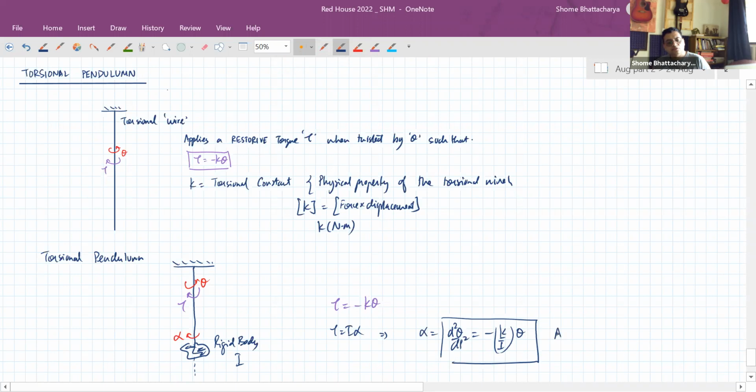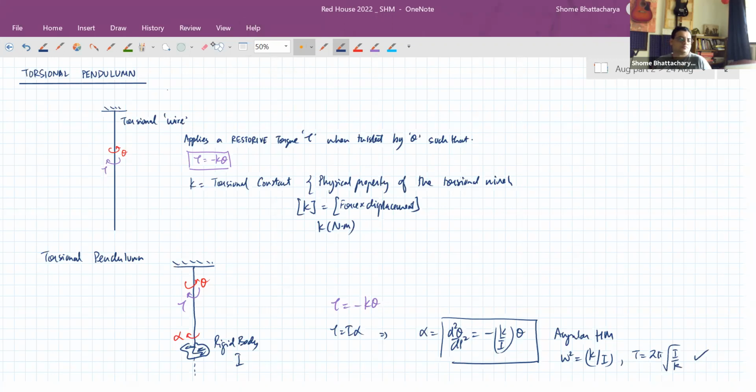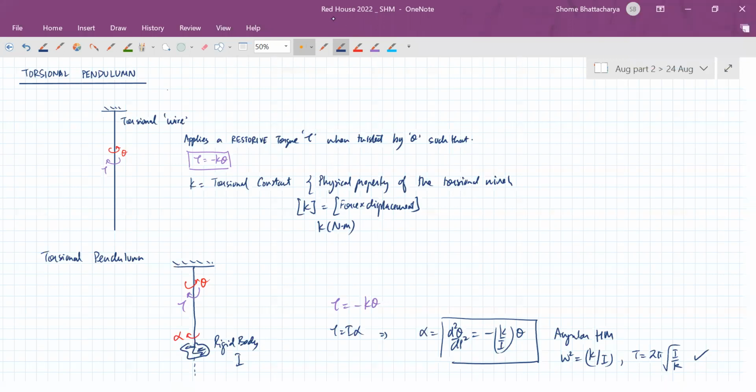So this is an angular harmonic motion with omega square equal to k by I, time period equal to 2 pi under root I by k. Okay, so just make a note of this, then we'll discuss some more aspects of angular harmonic motion.